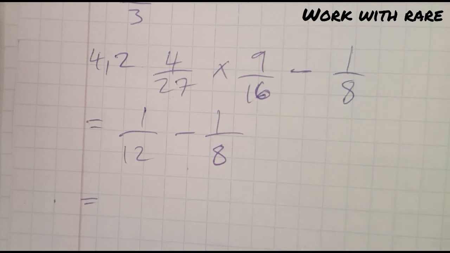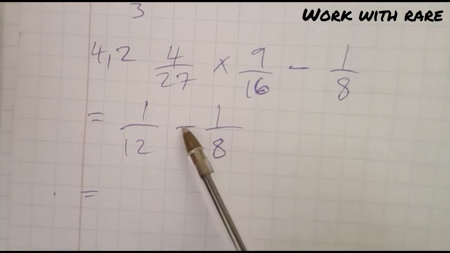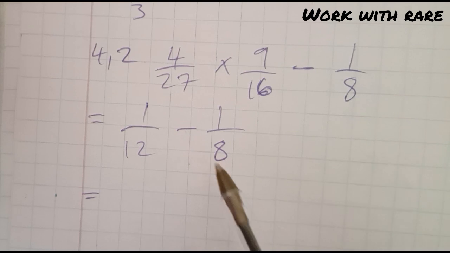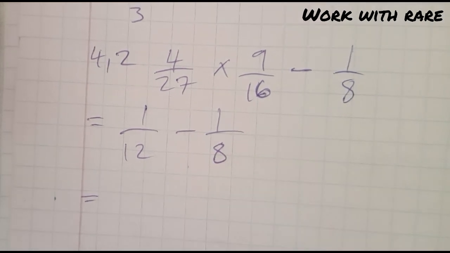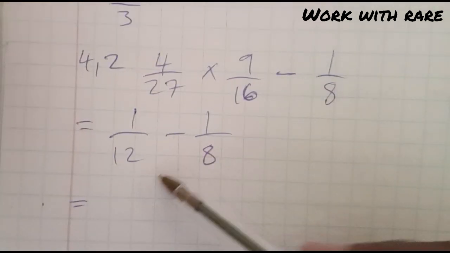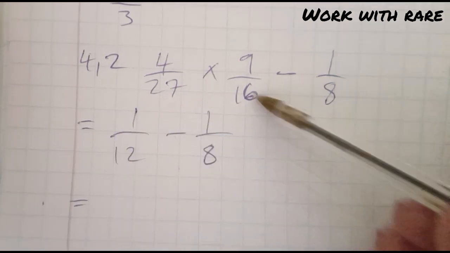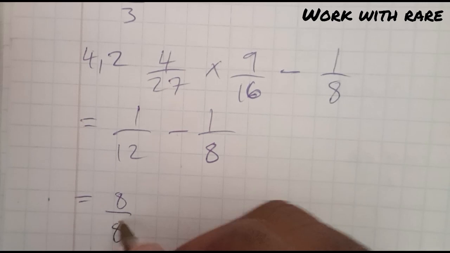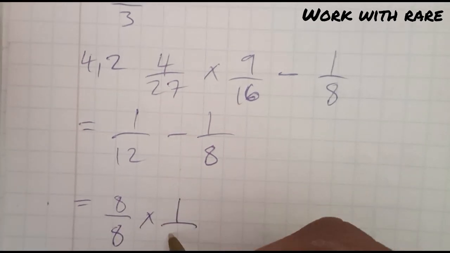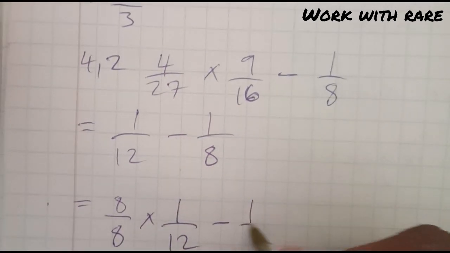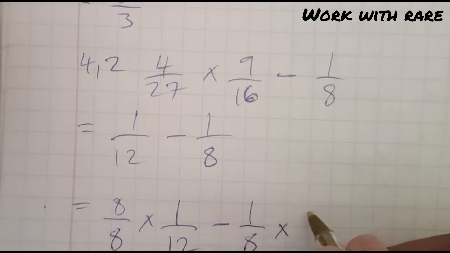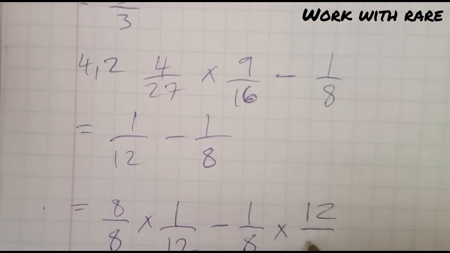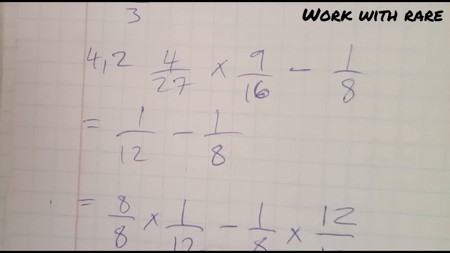Whether it's plus or minus here, I'll do it like I did the previous one. So this part I'll use 8, this part I will use 12. So this part I'll use 8 like this, 1 over 8, and this part I'll use 12. So I will say multiply by 12, multiply by 12.